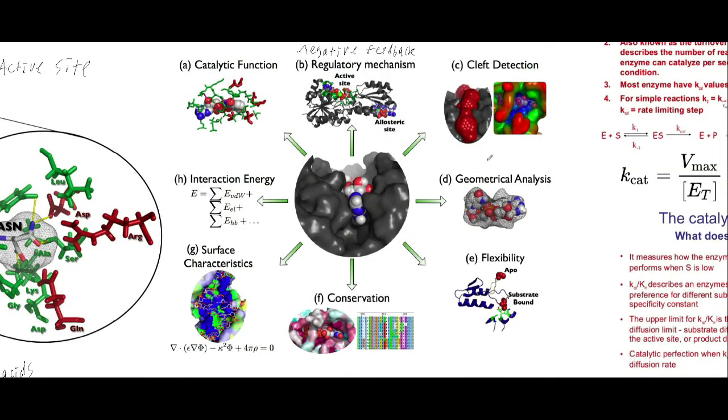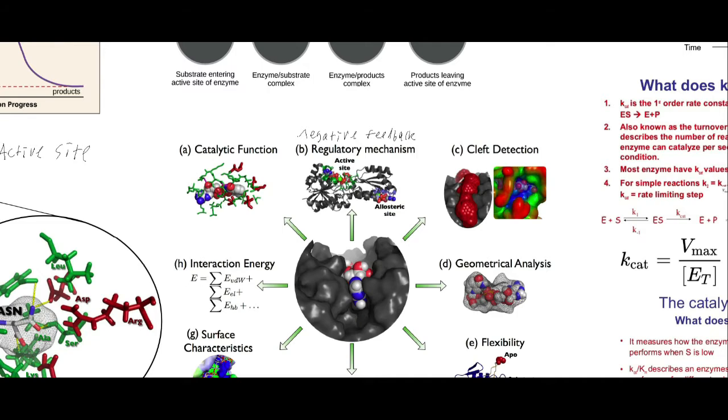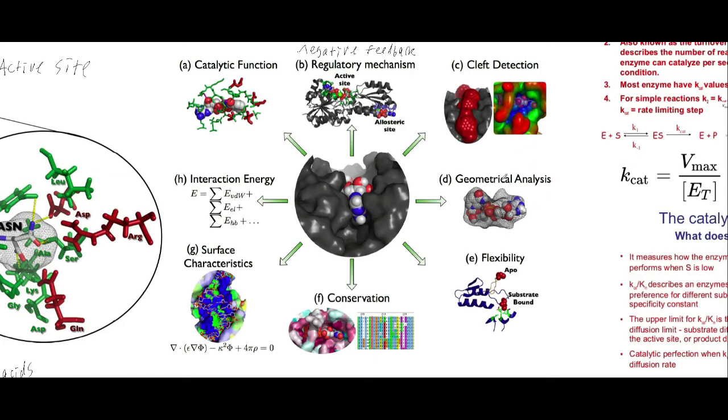So we want to look for the cleft, which is the place where the substrate can fit into the enzyme. Geometric analysis is more of the same thing. Flexibility is a big idea in enzyme kinetics. That's how this allosteric thing works, and substrate binding causes conformational changes.